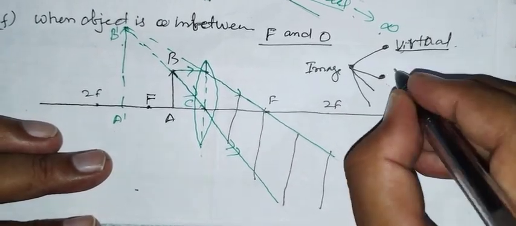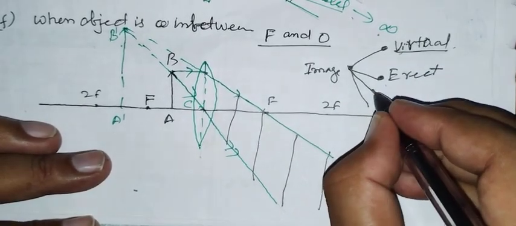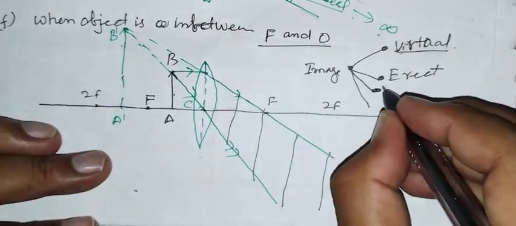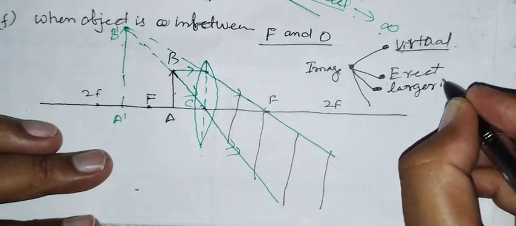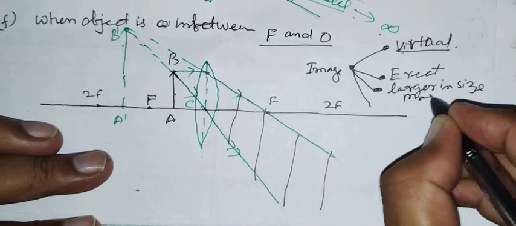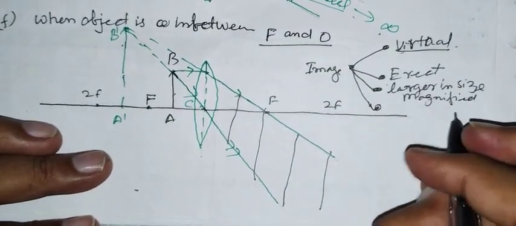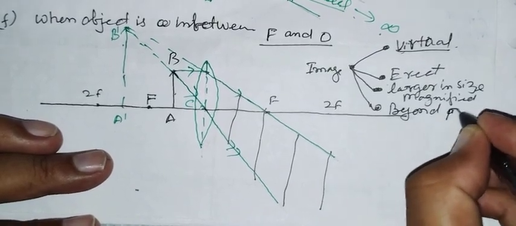So a virtual image is always erect, not inverted. Larger than the size of the object, larger in size. This is called magnified. And finally, formed beyond focal point F.